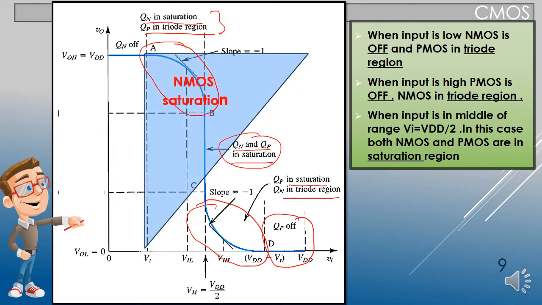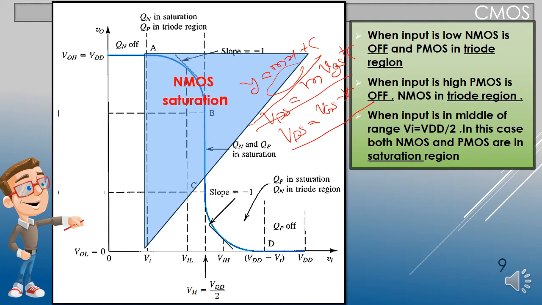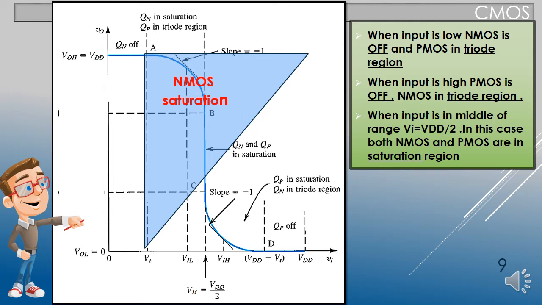So in this case, we know that this is a line, y is equal to mx plus c. Here y is the output, so output is VDS, and something slope m. Input is VGS plus c. We know that VDS is equal to VGS minus VT. So this line equation is VDS equal to VGS minus VT.